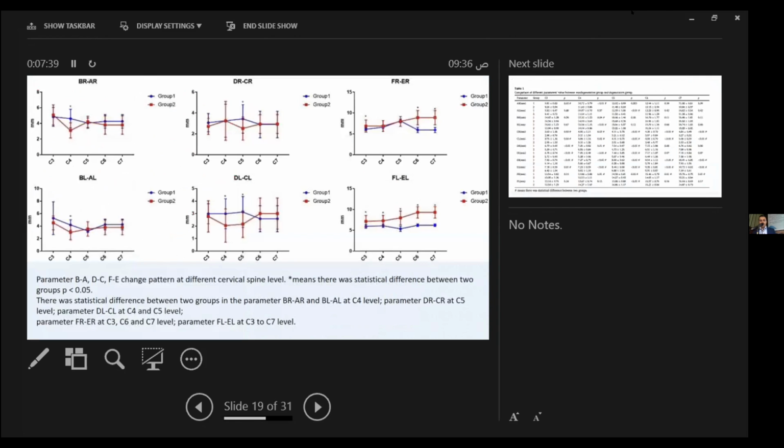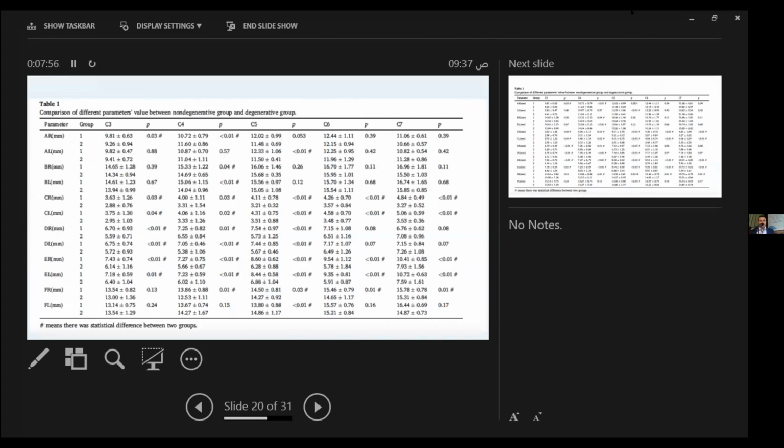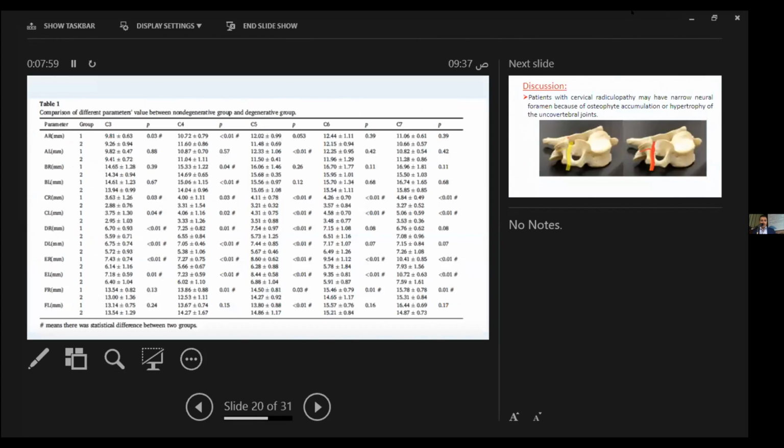This is the second one, for the curve of p-value at different cervical spine levels. The mean was statistically different between the two groups, with p-value less than 0.05. This is the table, from C3 to C7, A to F, right and left, comparing group 1 and group 2.